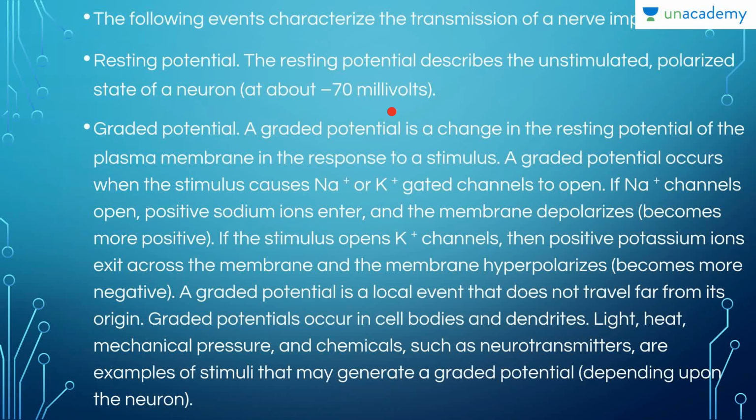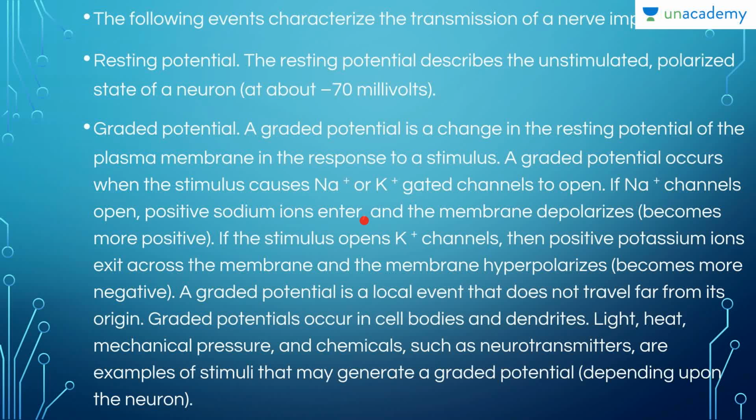The graded potential. A graded potential is a change in the resting potential of the plasma membrane in response to a stimulus. A graded potential occurs when the stimulus causes the Na+ or K+ gated channels to open. If Na+ channels open, positive sodium ions enter, because sodium ions, as we studied, are present outside the membrane.